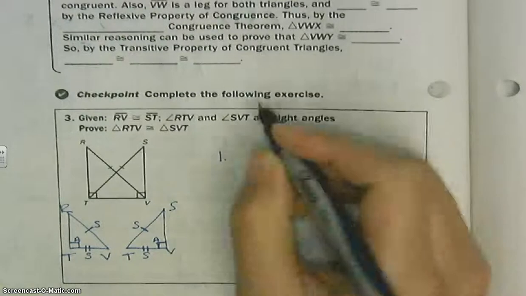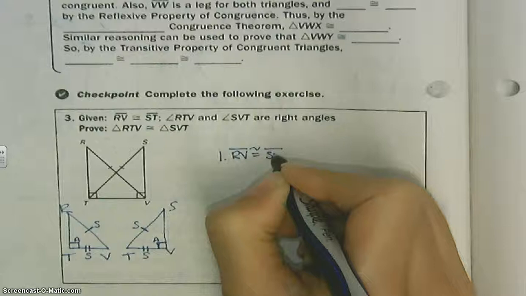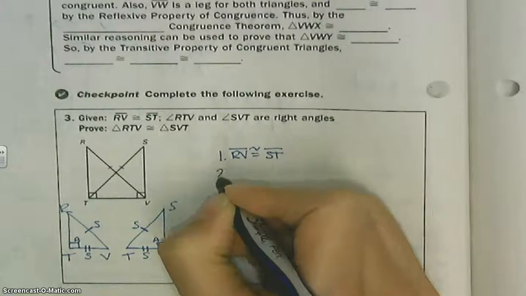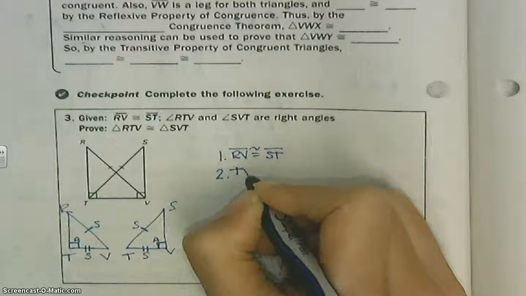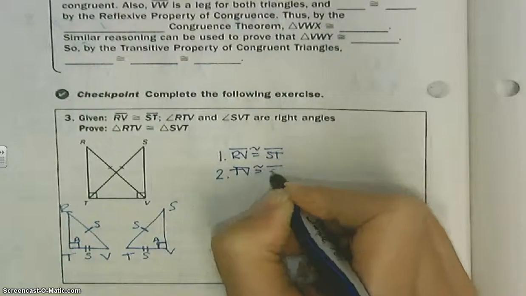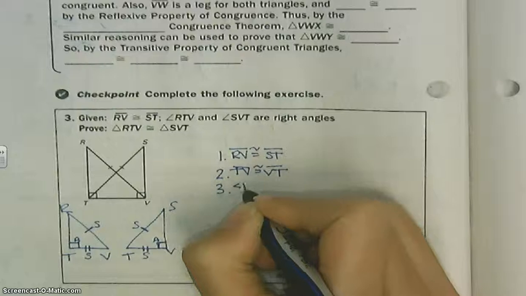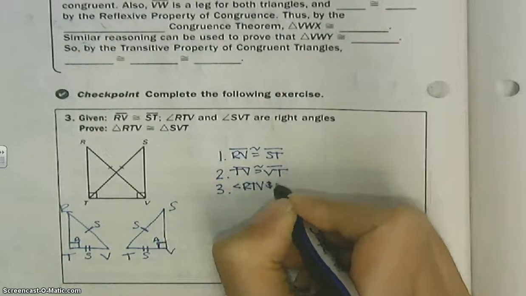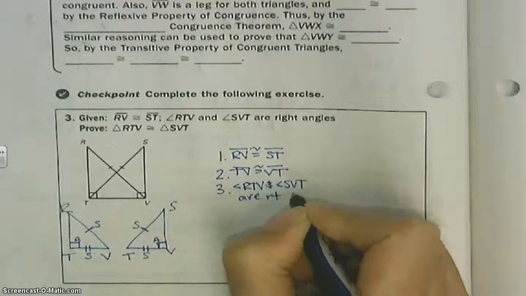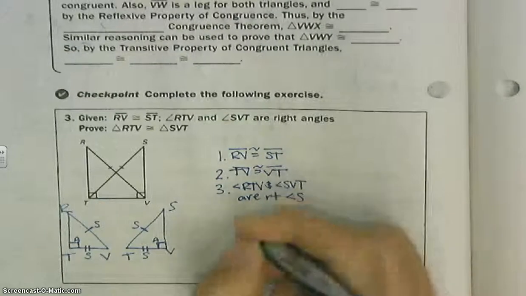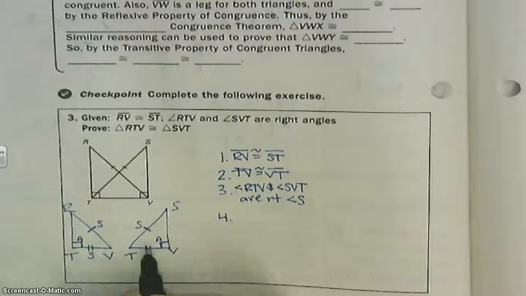So I'm going to have you write the proof for this. I'm going to start it. So we've got RV is congruent to ST. Give me a reason. Then we've got TV is congruent to VT. Angle RTV and angle SVT are right angles. Now, in order to use the shortcut that you're going to use, you have to establish that these are right triangles.